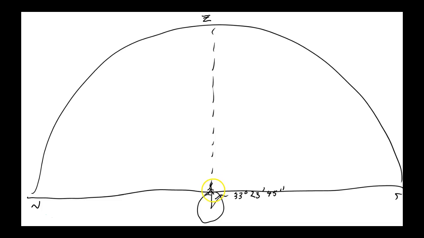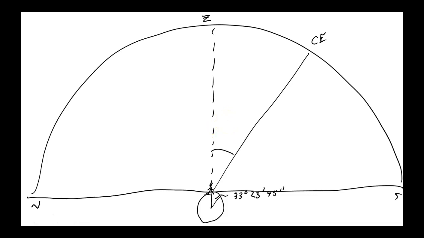Now, just about a third of this distance here is the celestial equator, which makes this angle here to be what? Anybody? No? No, that was the sort of standard.